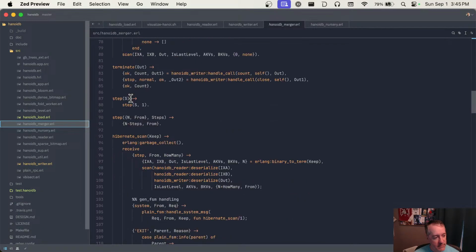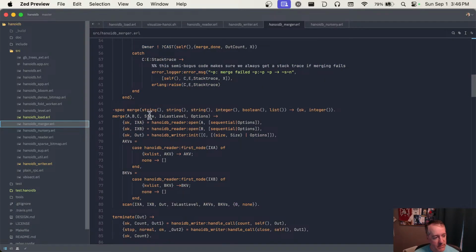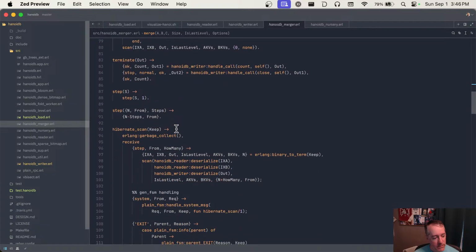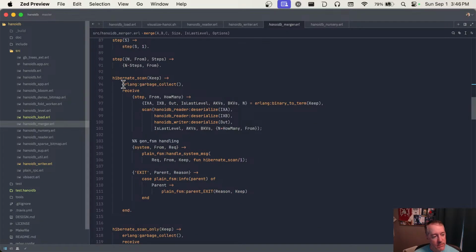And then, yeah, this is about merging up to 3 files, I'm guessing. No, this is merge into this. Yeah. Okay, so this is about merging 2 files.